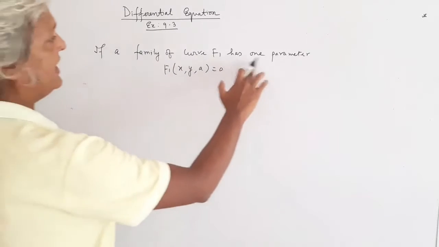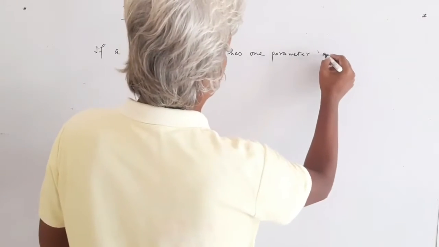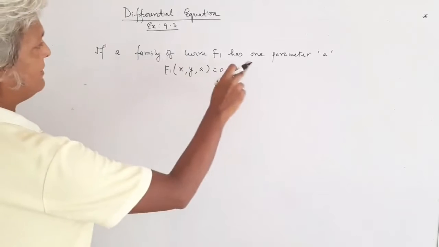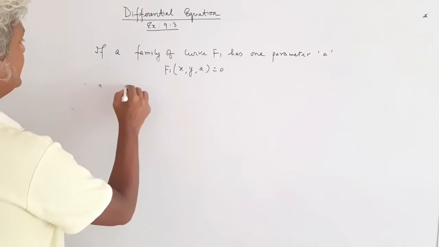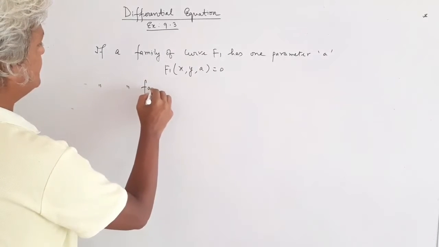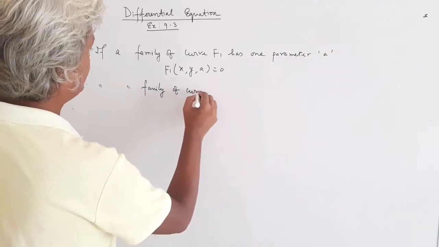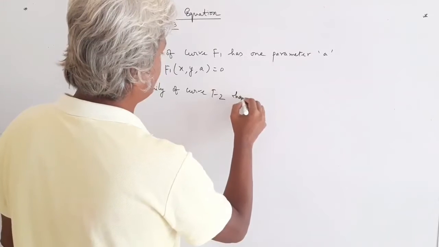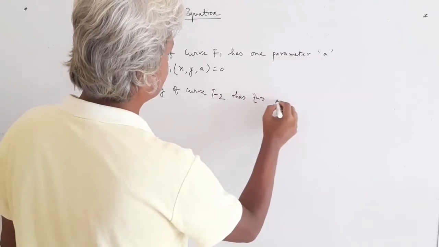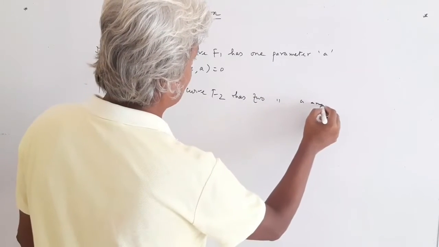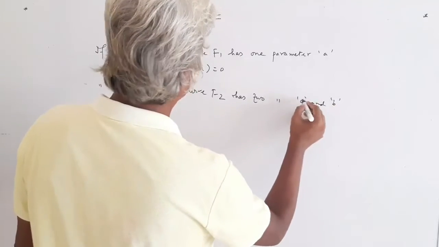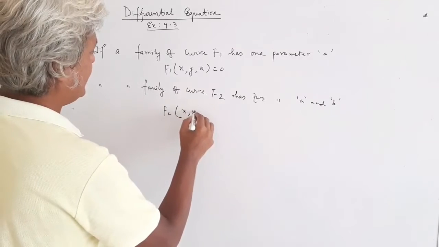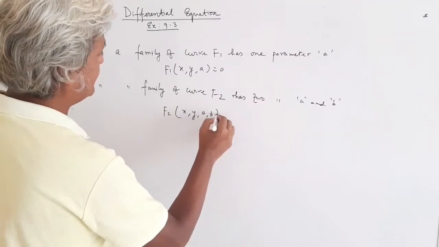But if it has more than one parameter, like two parameters, and the family of curves f2 has two parameters a and b, then the equation goes in the form f2(x, y, a, b) = 0.